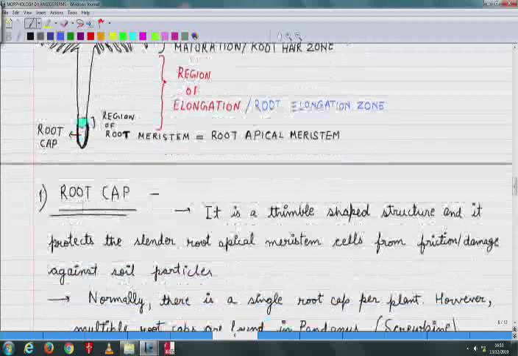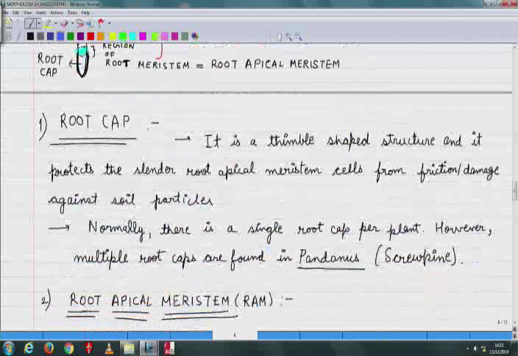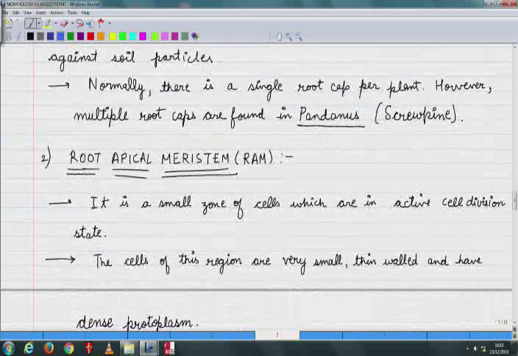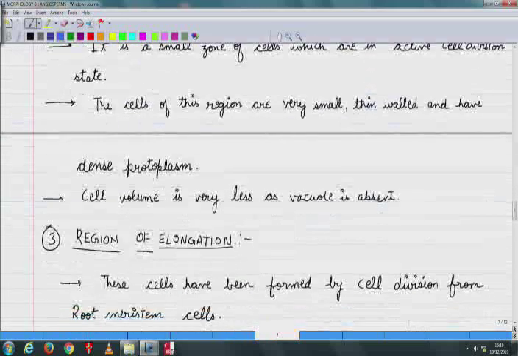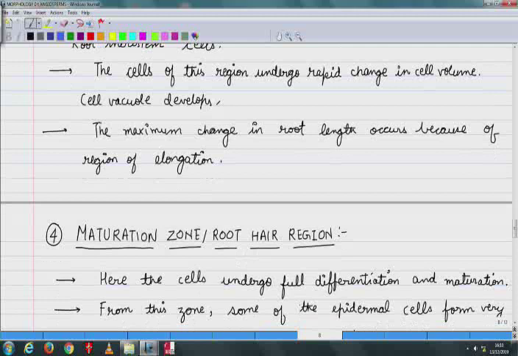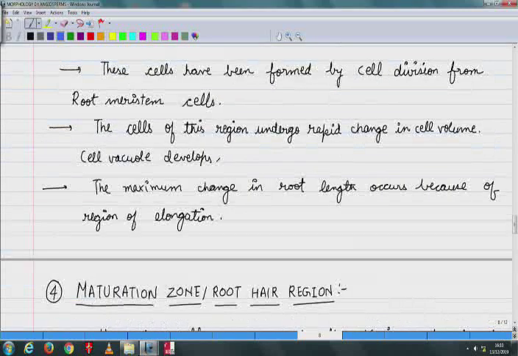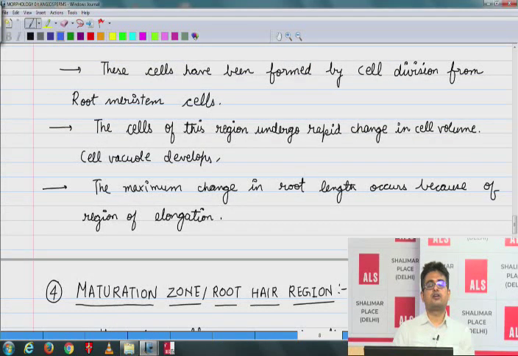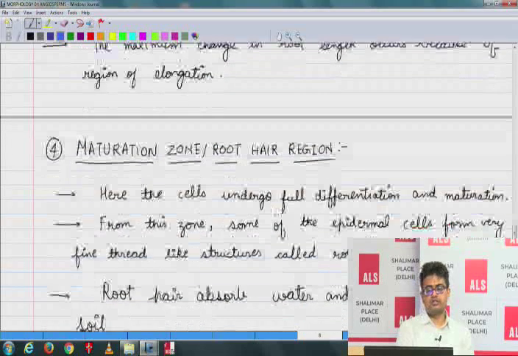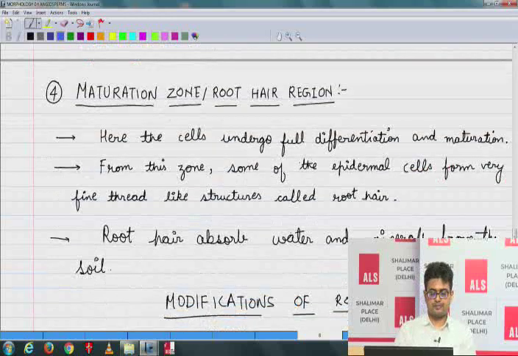Root cap is a thimble shaped structure, and it protects the slender root apical meristem, the meristematic part. The region of elongation is formed by cell division, but these cells undergo rapid changes in root length. The maturation zone, or root hair zone, contains root hair.